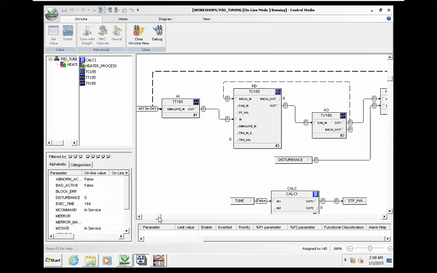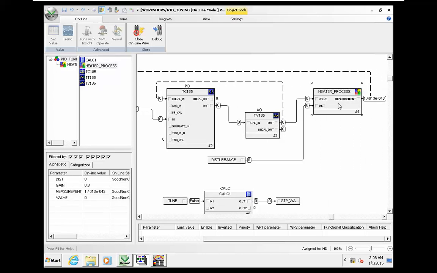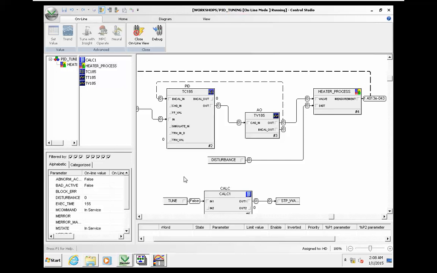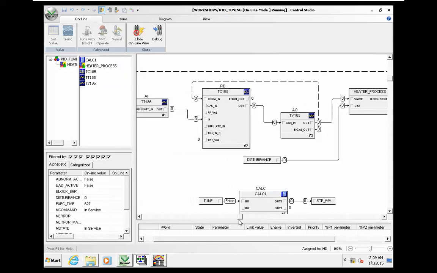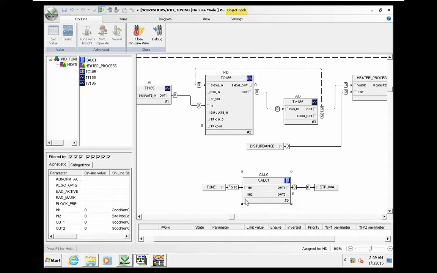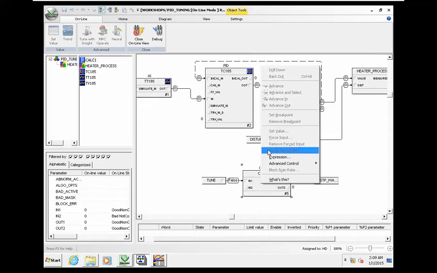The heater process is here, and it's a very simple program. I just added the calculation box here.